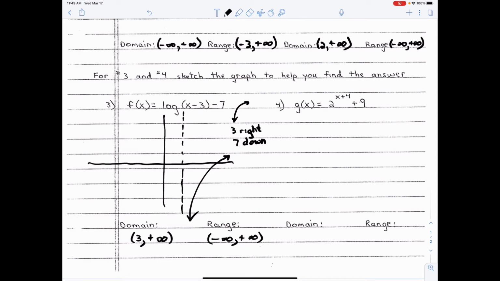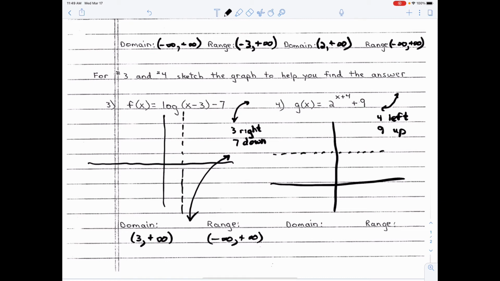This is number 4 here. It's going to be an exponential function with a base greater than 1, so it's going to look something like this. And we're going to shift 4 left and 9 up. So let's sketch that real quickly. Now, it's a horizontal asymptote along the x-axis. So when you shift it 9 up, you've got to go up to 9.